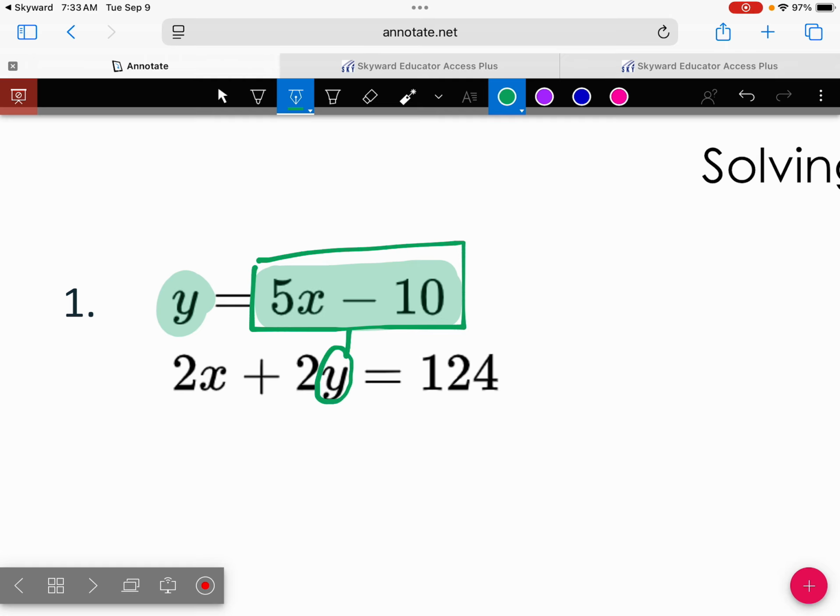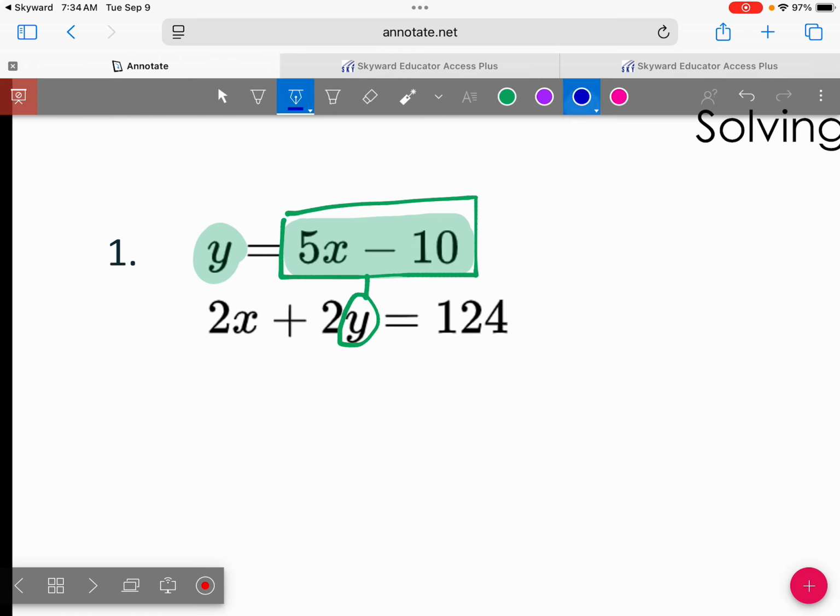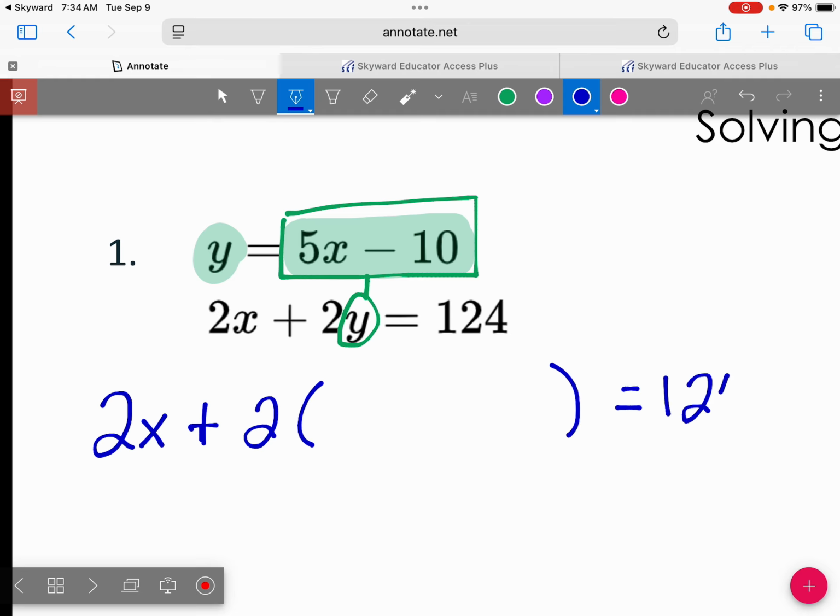So down here, I'm going to replace this y with that little piece. So when I write this out, we're going to have our 2x plus 2 times y, or 2 times something, equals our 124. And for some of us, it will really help to write it like this and take a step back for a second, because we need to make sure we get the whole equation there. 2x plus 2y equals the 124.